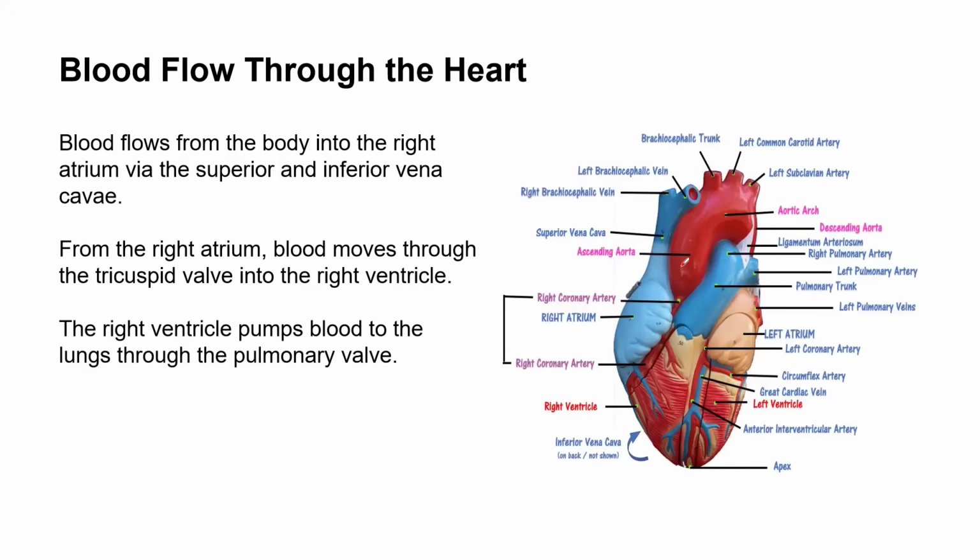Always remember this: from the body to the right atrium, then from the right atrium to the right ventricle through the tricuspid valve, and then from the right ventricle it will move to the lungs through the pulmonary valve. So this is how the blood flows.